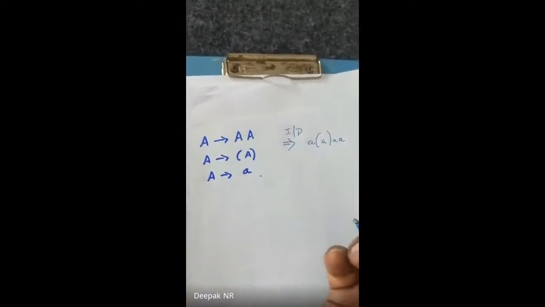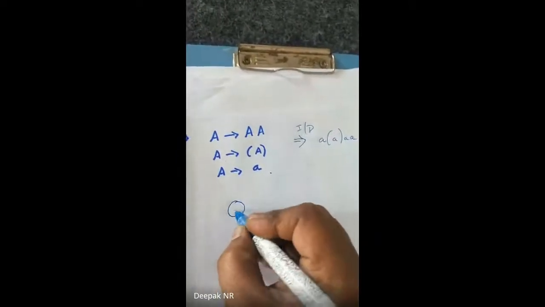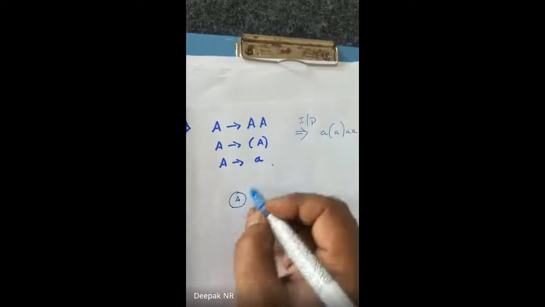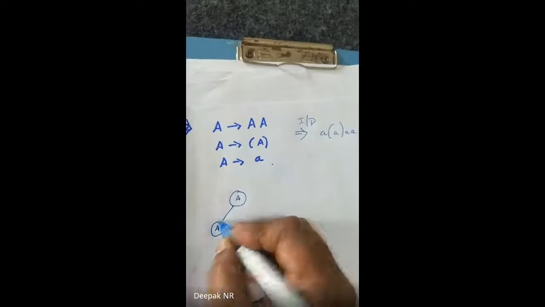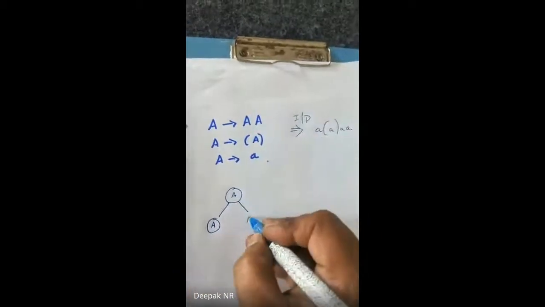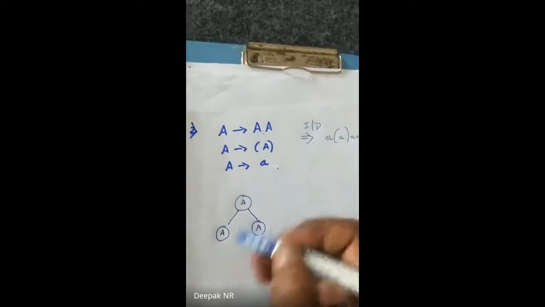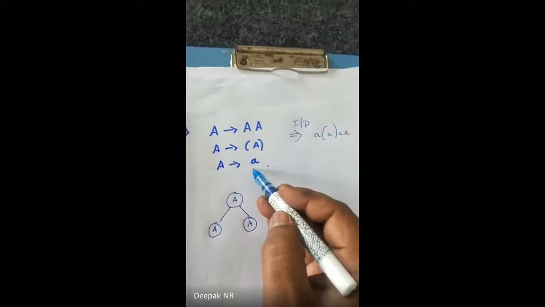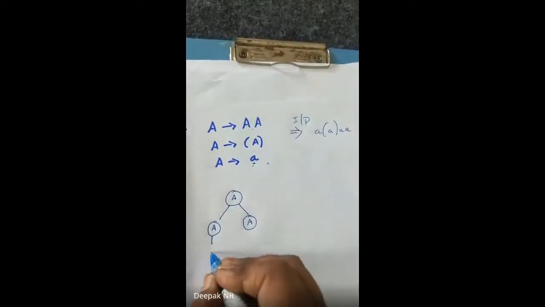First and foremost, I take the root node as A. This A contains two A's. I'll take one A and one more A. Now one A says this or this. Which one will I use? I will use equation number 3. I'll take small a.